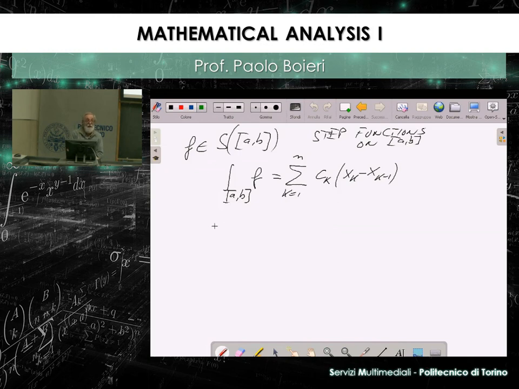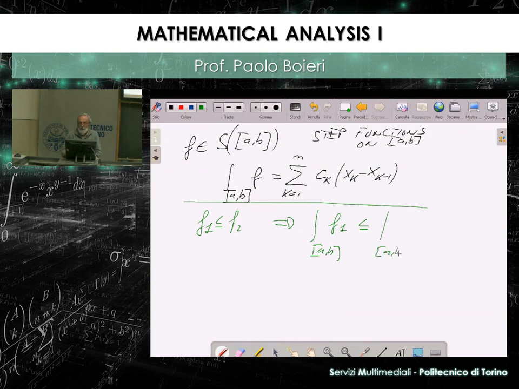And there is an immediate property. If I have two step functions, f1 and f2, if f1 is smaller or equal to f2, then, I think this is quite immediate to understand, the integral from a to b of f1 is smaller or equal to the integral from a to b of f2.